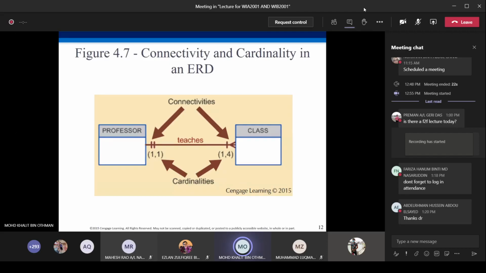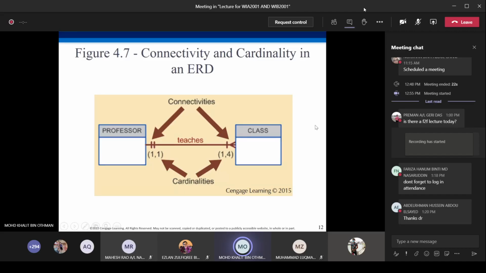Based on this model, professor and class are participant entities, and the relationship here is professor teaches class. For the cardinality 1,4, this indicates that the number of classes a professor teaches is at least 1 but not more than 4.